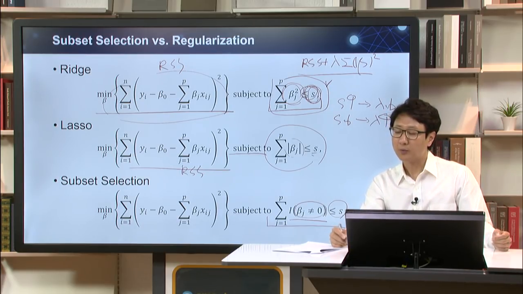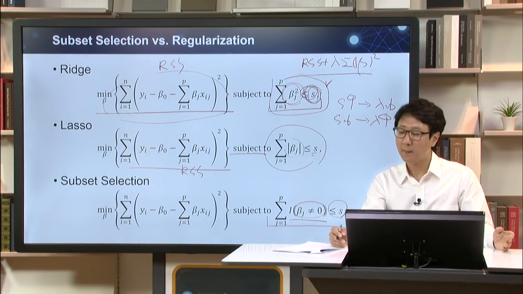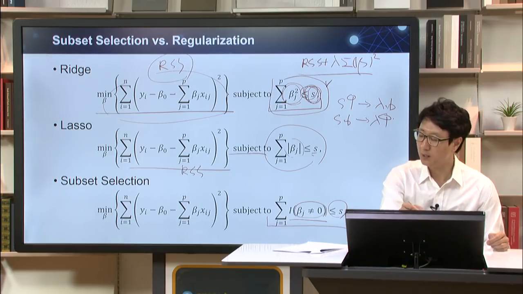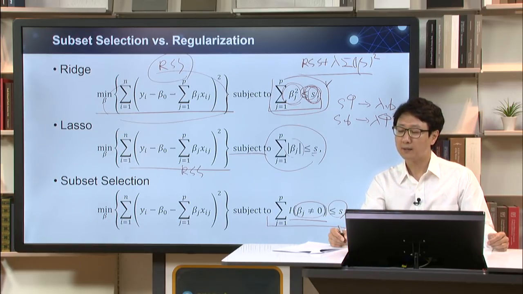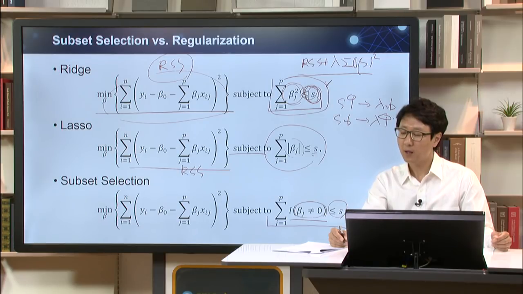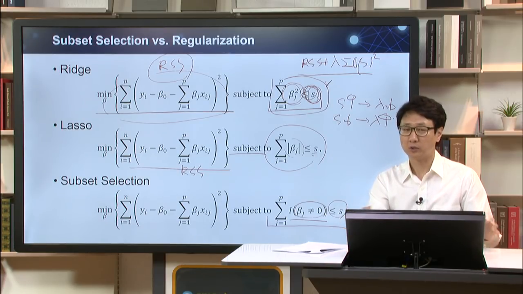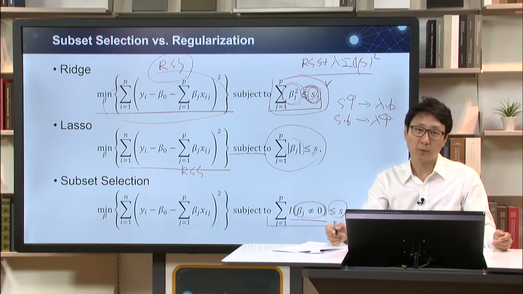Generally, the idea of ridge and lasso and subset selection can be applied to any other machine learning method. In this optimization equation, by just replacing this RSS equation, we can apply these regularization ideas. For example, please Google deep learning with L1 regularization. You can find a lot of papers.